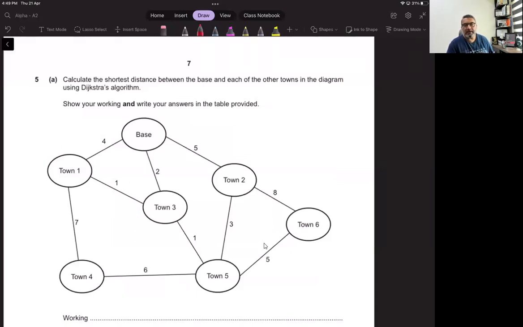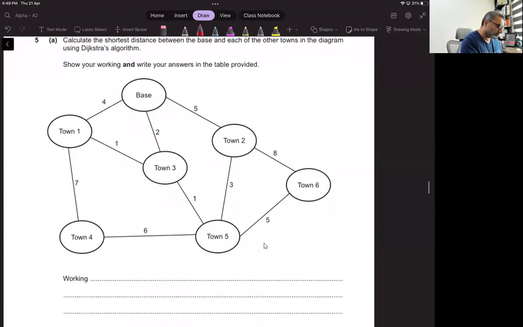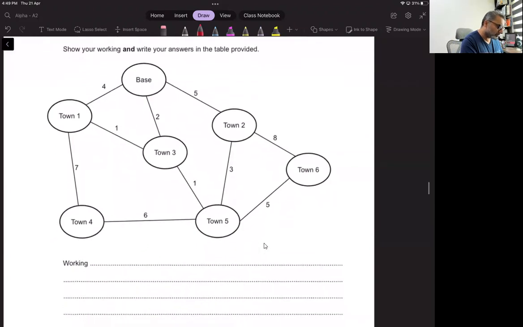Whereas in the A star algorithm, you basically find the shortest path from the base to one particular node. All right. So let us start.